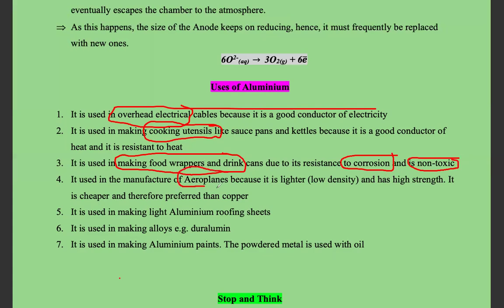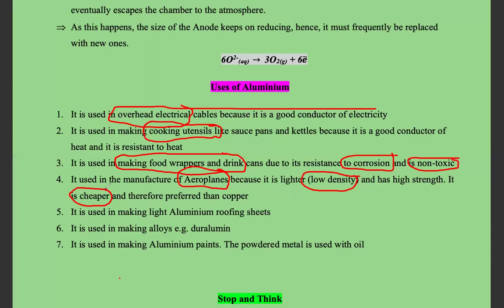Planes: some parts of the planes are made out of aluminium because of low density. They are very light, and also cheaper to find. If we were to use very heavy metals in making planes, it can take off, but with difficulty.